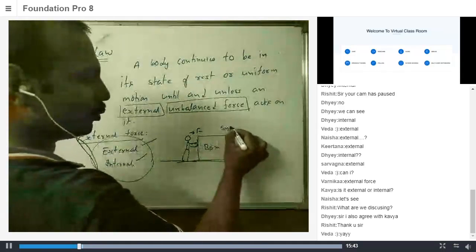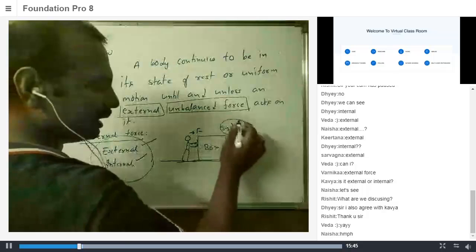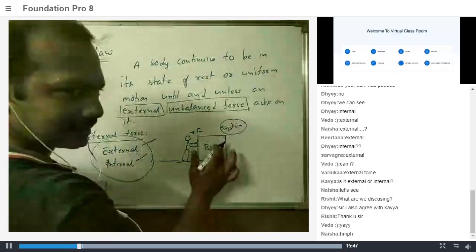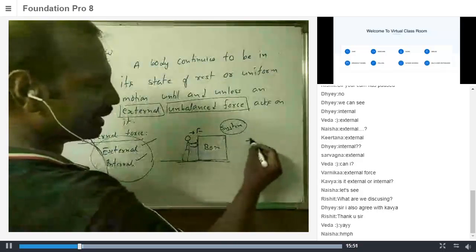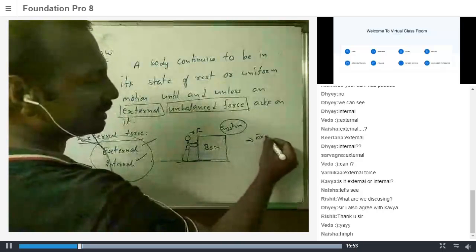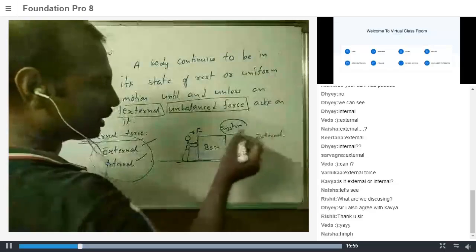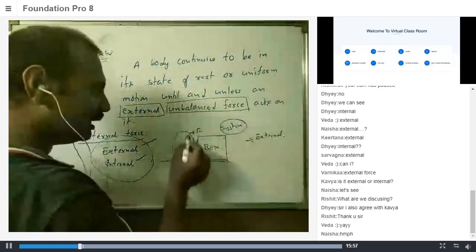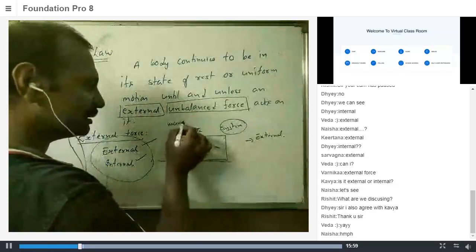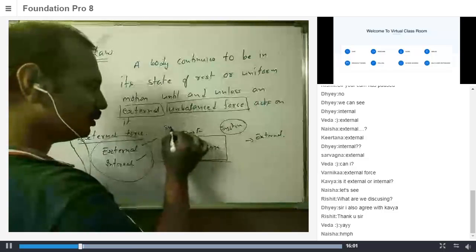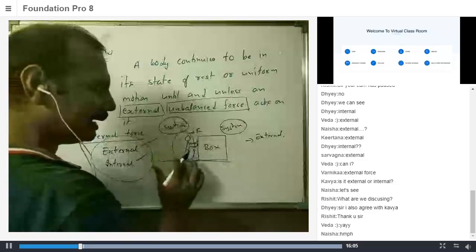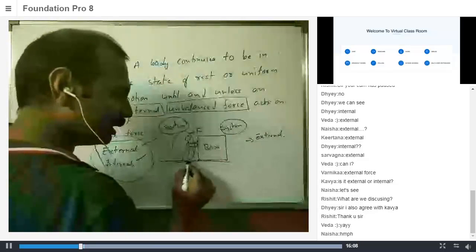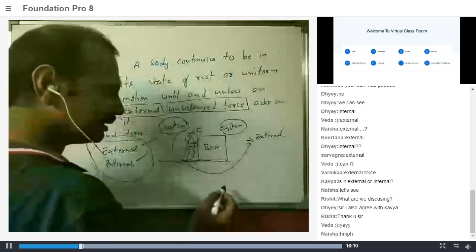If my system is only box, then force is applied by an external part on that. In that case, what is the force? That is external, right? Or if my system is only man, then also what is happening? The force is applied on an external body. So in that case also it is external.